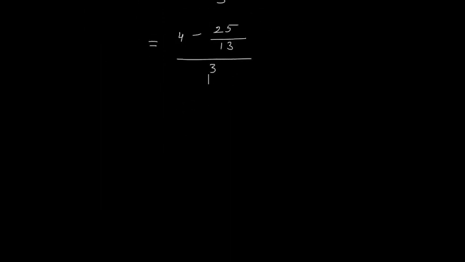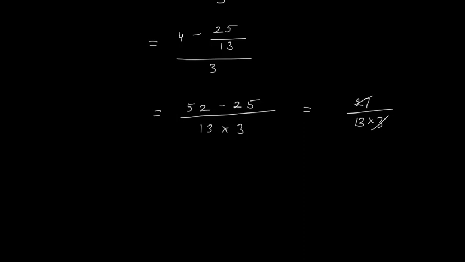So this will become (52 minus 25) whole divided by 13 into 3. So 52 minus 25 is 27. This is 27 divided by 13 into 3. 3 1s are 3, 3 9s are 27. So here I got 9 upon 13. 9 upon 13 is the value of x.